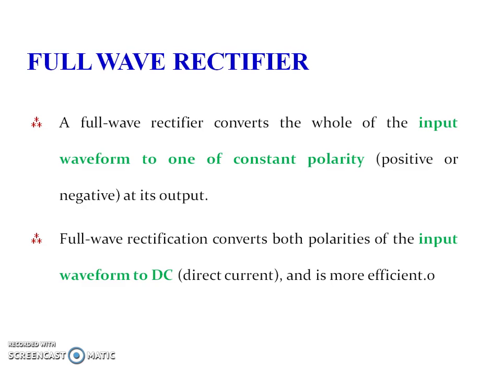Full wave rectification converts both polarities of the input waveform to DC and is more efficient than the half wave rectifier, because we have both positive and negative half cycles obtained at the output in the form of a single polarity.